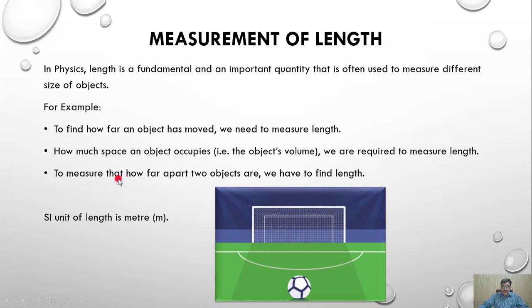Similarly, to measure how far apart two objects are, we have to find the length. Here in the picture, if we have to measure how far apart the football is from the goal, we have to find the length. And the SI unit of length is meter. Length is a very important physical quantity.